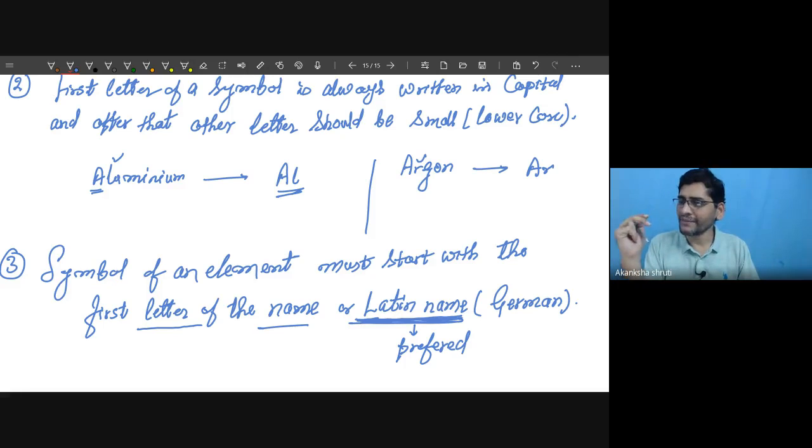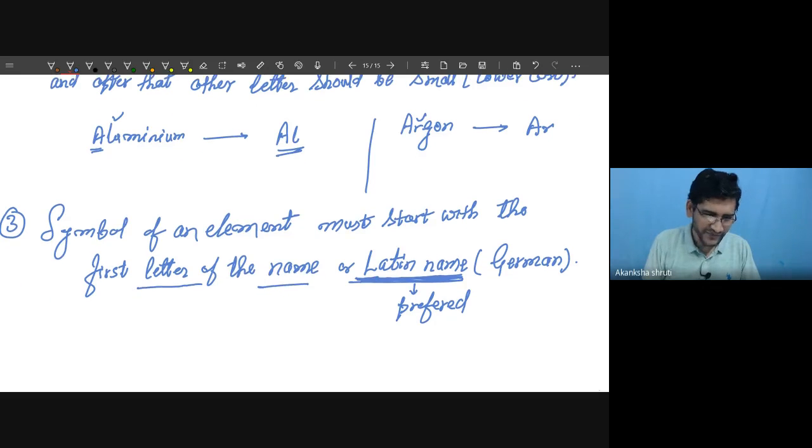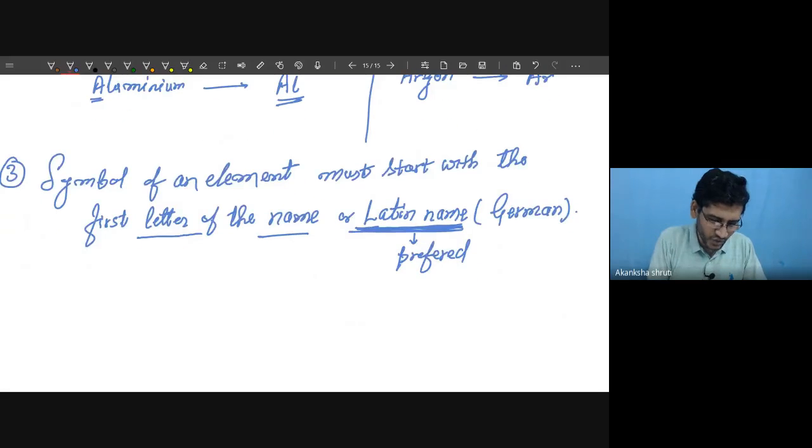So for an element, there may be more than one name. One is proposed by Latin, meaning German, and others by other countries. If a Latin name is there, the symbol starts with the Latin name. But before that, what is the rule?